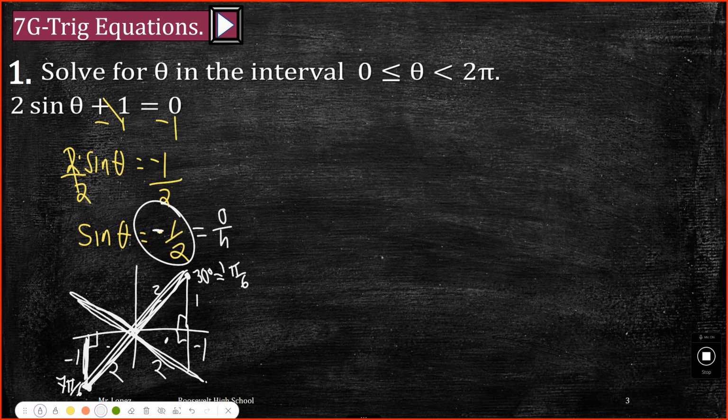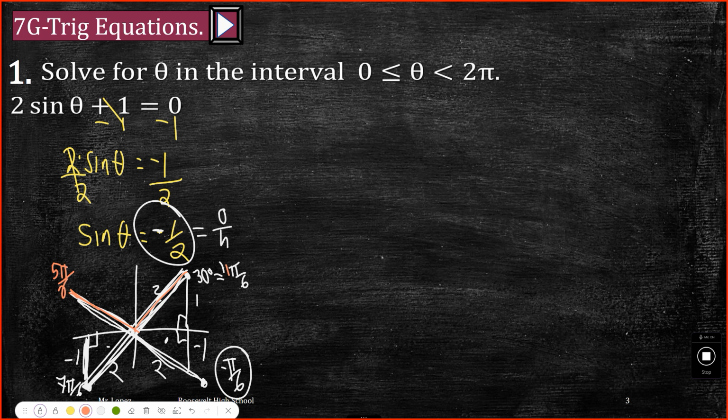The other answer is going to be this one right here. Instead of going positive pi by 6, I can just go negative pi by 6. One way to write it down is negative pi by 6. Or another way is to go here and then here, which is 5 pi by 6.